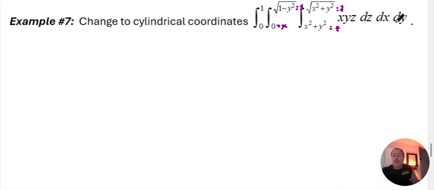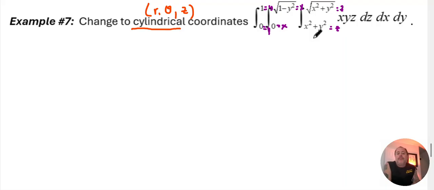And then the outer region, which is dy, is going to be equal to the equations for y. So that's getting a little busy up here. What we're going to do is start writing stuff down and start figuring things out. And remember, we're going into cylindrical coordinates, so we need it in terms of r, theta, and z.